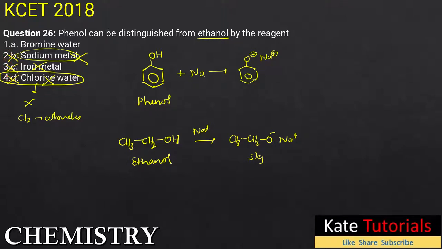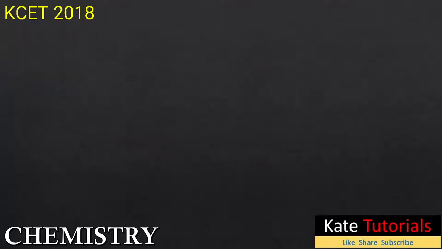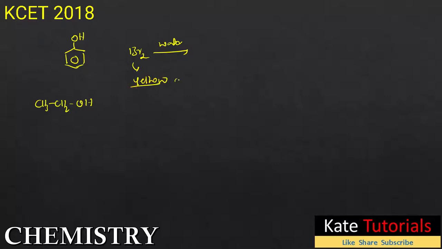Which is the correct option? Bromine water. Why bromine water? Let me explain it. See, this is phenol, and here I have CH3CH2OH, ethanol. So this bromine water is there, Br2 in water as solvent, and this is yellow color.